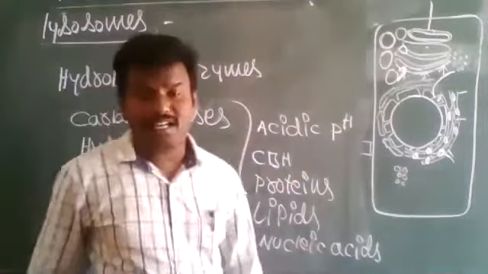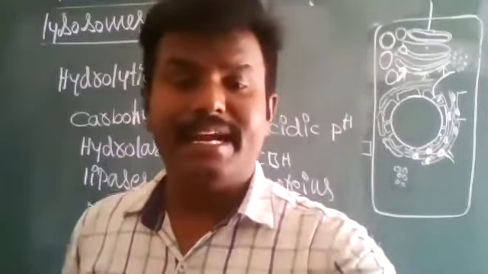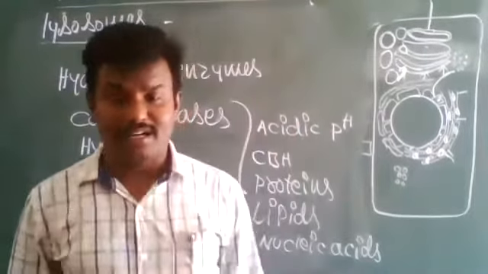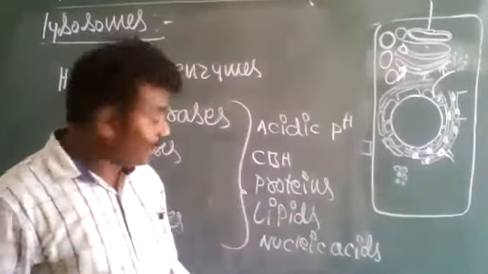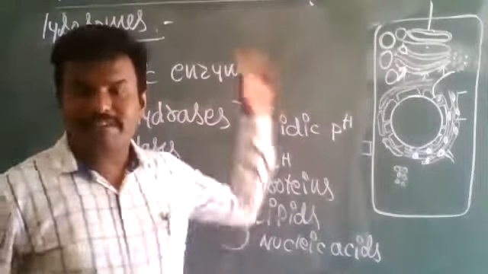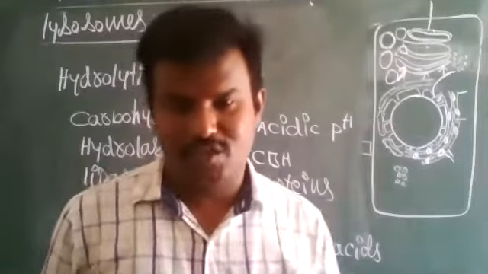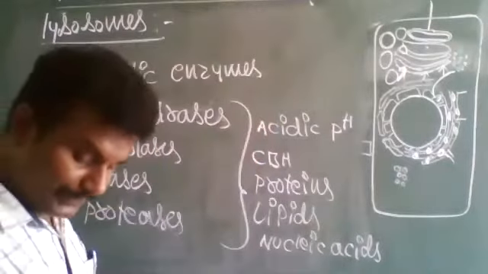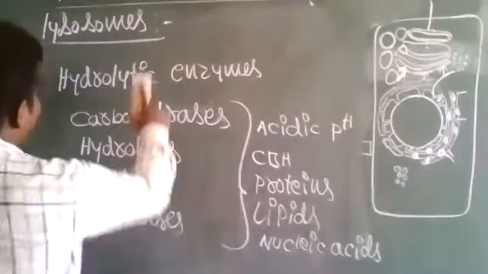The nucleic acids are of two types: DNA and RNA. DNA and RNA are collectively called nucleic acids. Those are digested by the hydrolytic enzymes, which are very active at acidic pH. Okay, that's all. This is the explanation about the lysosomes.